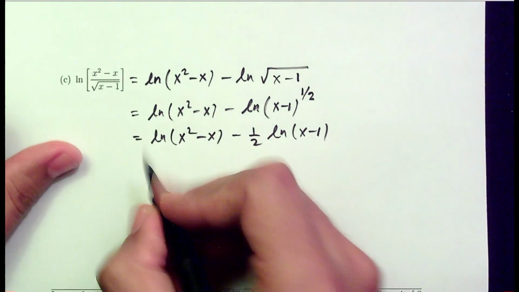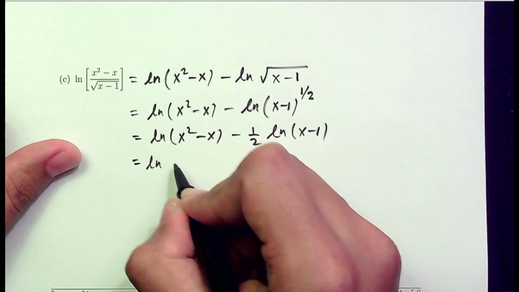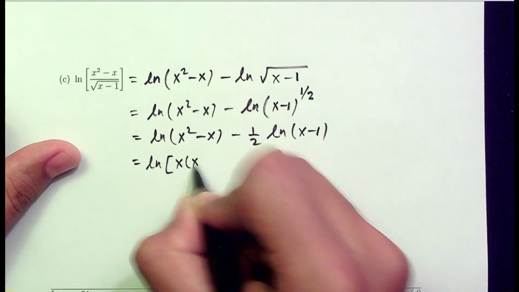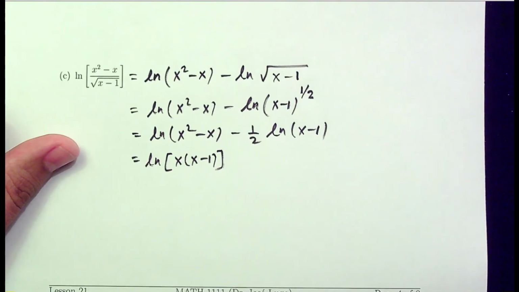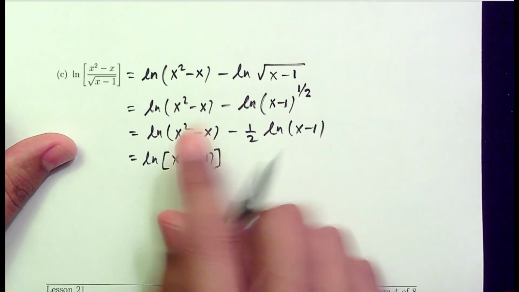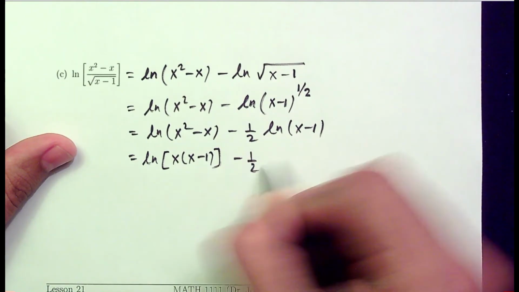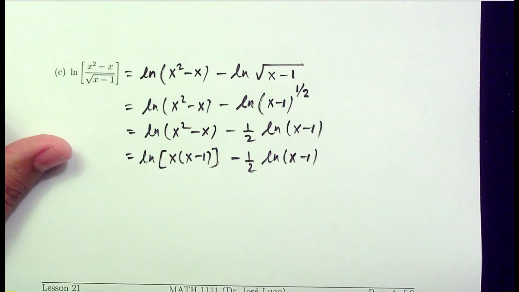So you could write this as x times (x minus 1). And those brackets that I put there are not needed. I just put them in there to make it extra clear. So you can factor that as x times (x minus 1). And now you have a product.